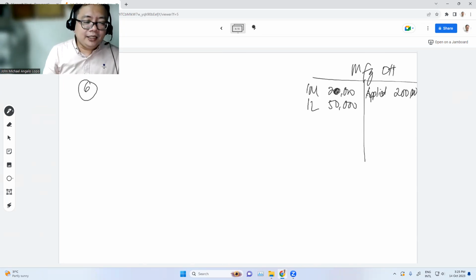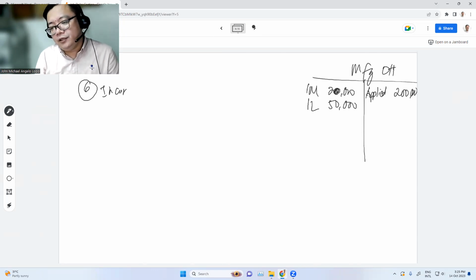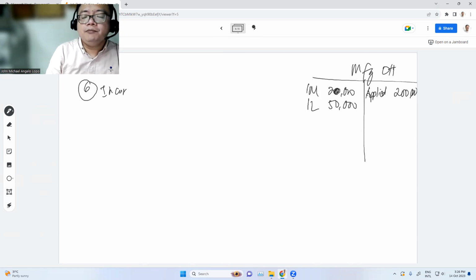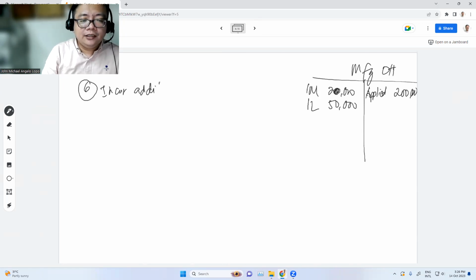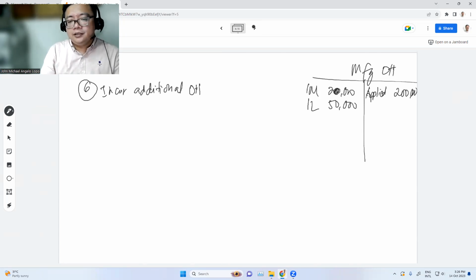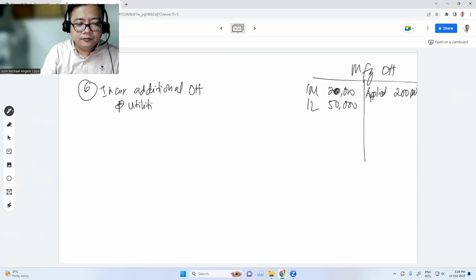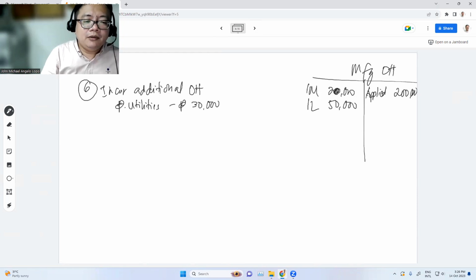Okay. Sabihin natin class, you incur additional overhead. Halimbawa, okay? So, let's see, additional overhead. Sabihin natin class, utilities, let's say 30,000. Let's say depreciation, sabihin natin 20K.